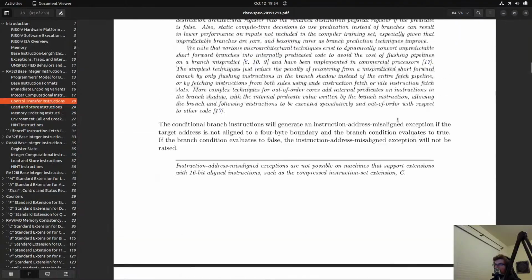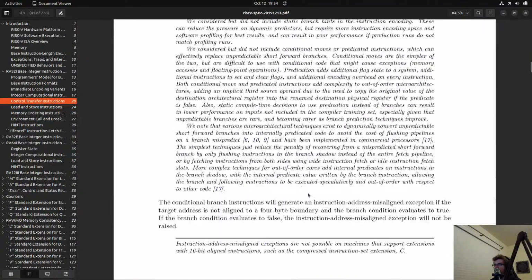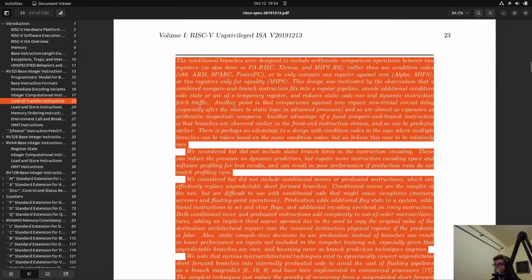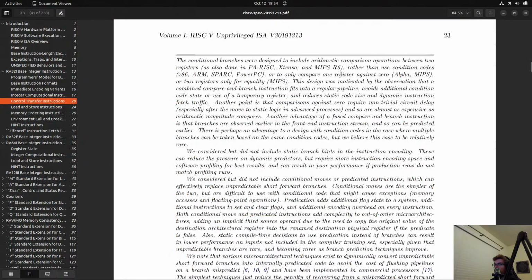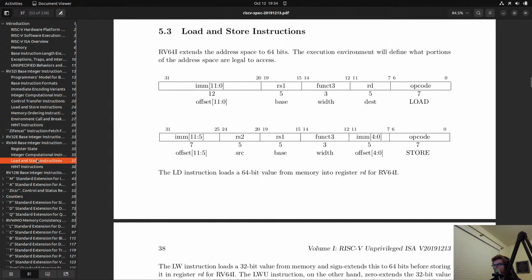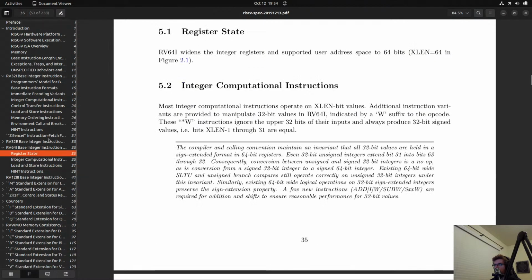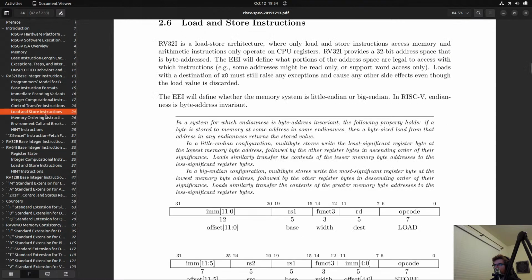So, word to the wise, when there is something like this huge note here, it's always good to read. And we're going to actually talk about this one in just a minute. So these instructions all stay the same for 64-bit.